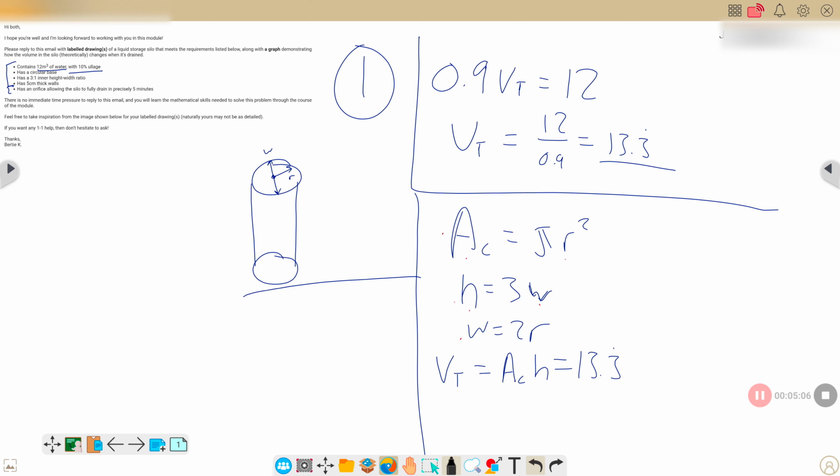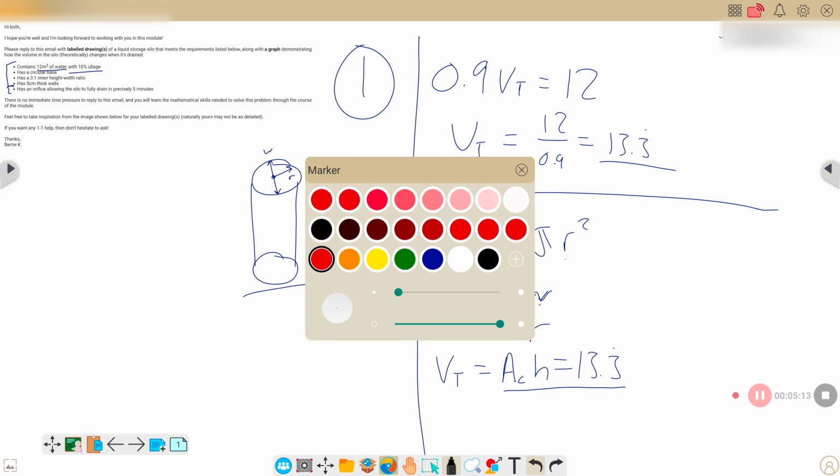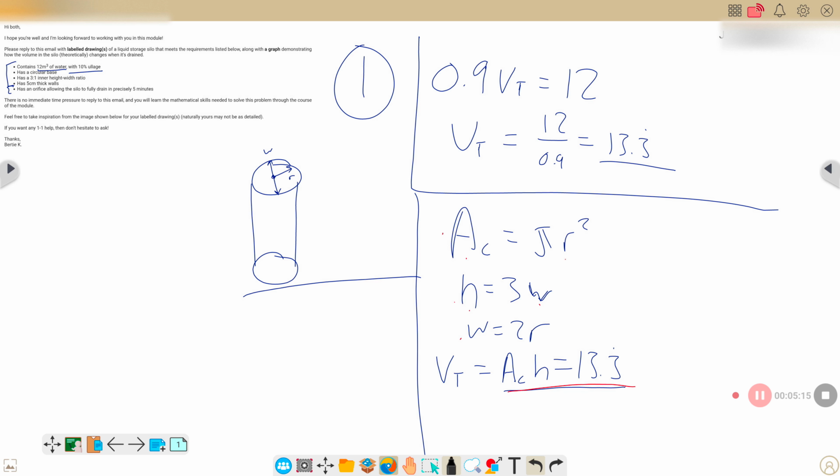I'd probably look at this and think, well, I've got 13.3 recurring is equal to ACH. And think, okay, well, I can express H as 3W and I can express W as 2R. So I could probably express H as 6R, right?